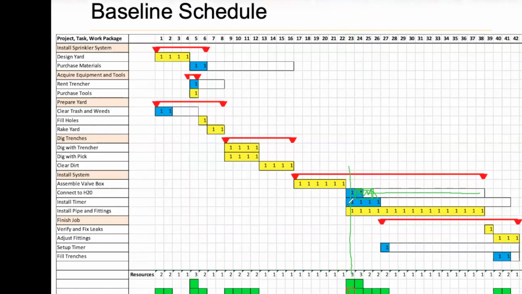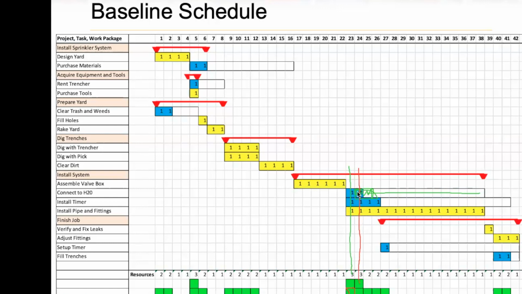So now my son can install the timer and I can install the pipes, right? Everything is on track. But if I don't move from my PERT to the resource table, I can't necessarily see it. But are we done? No, because now I have a problem over here.